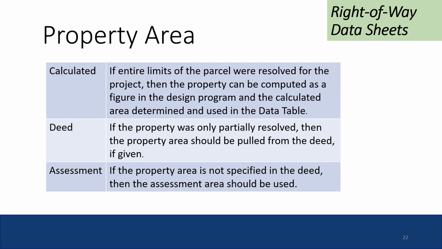If the property was only partially resolved, then the property area should be pulled from the deed if given. If the property area is not specified in the deed, then the assessment area should be used.